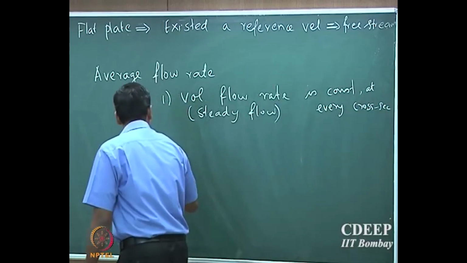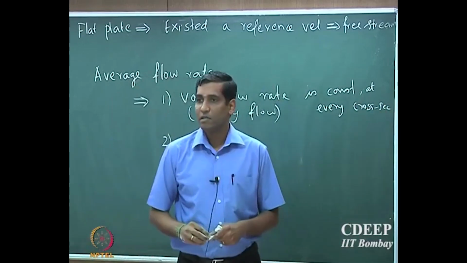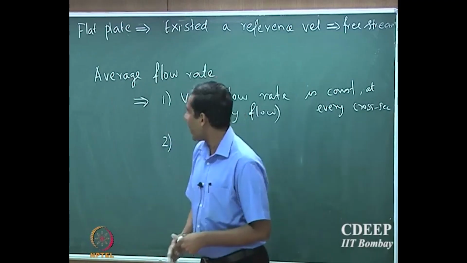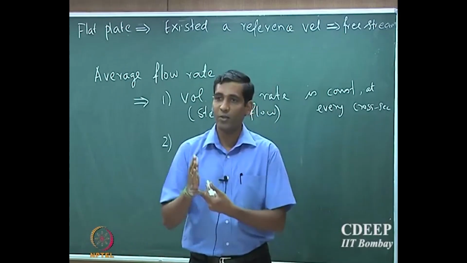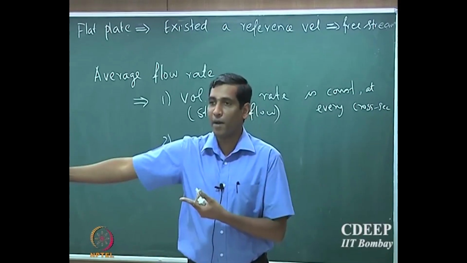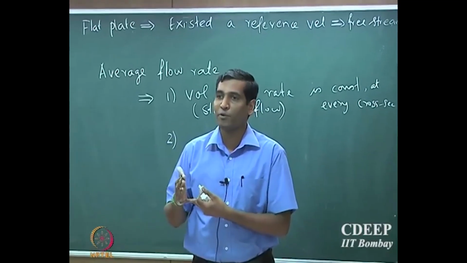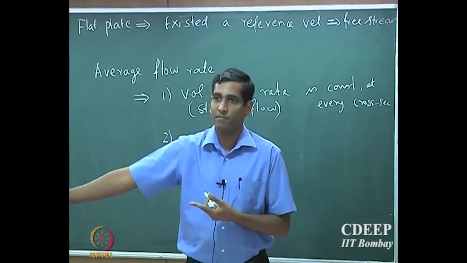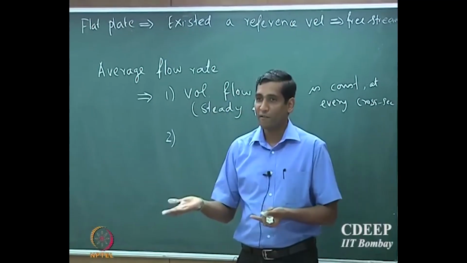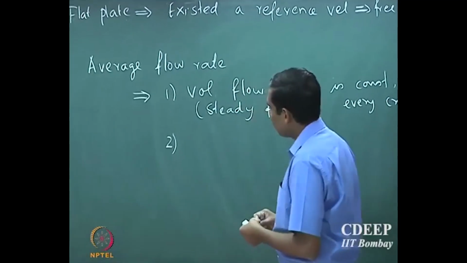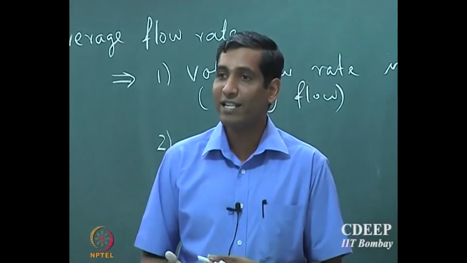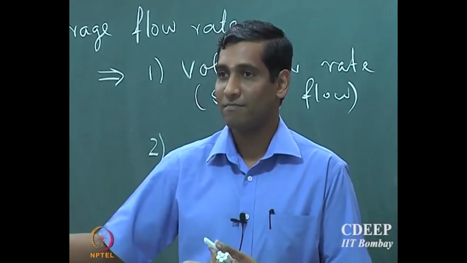But much more important than that is that if I put a flow measuring device at the end of the pipe, let's say a rotameter, or some other meter, or a venturi meter, for example, what I would measure is actually the average flow rate.